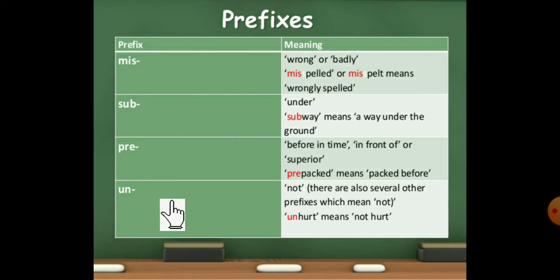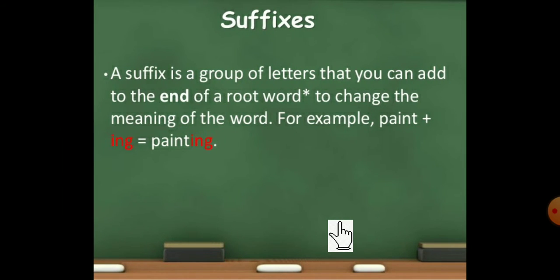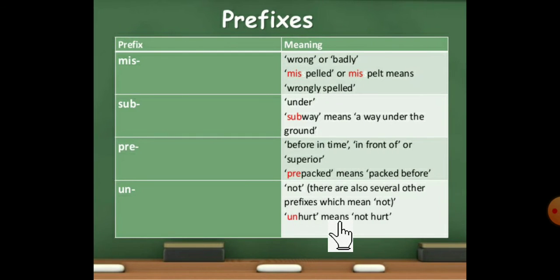Un means not. There are also several other prefixes which mean not. Unhurt means not hurt. Hurt is a root word and you have added un, which means not hurt. So these are the examples of the prefixes. Hope you are clear about these prefixes.